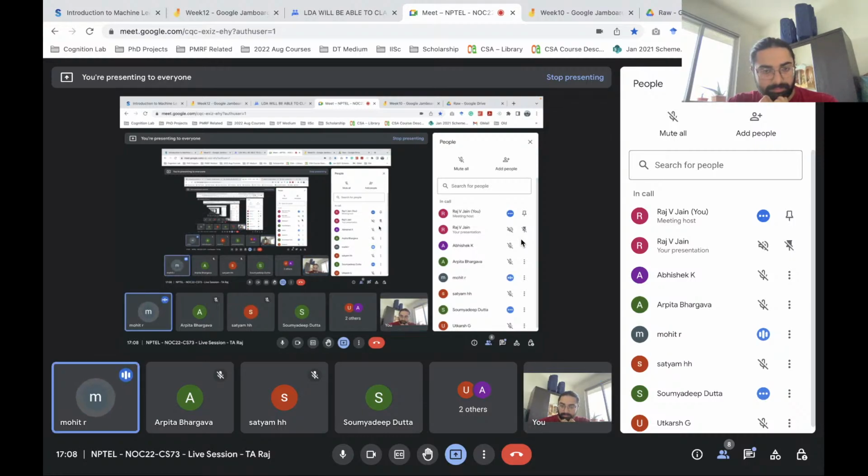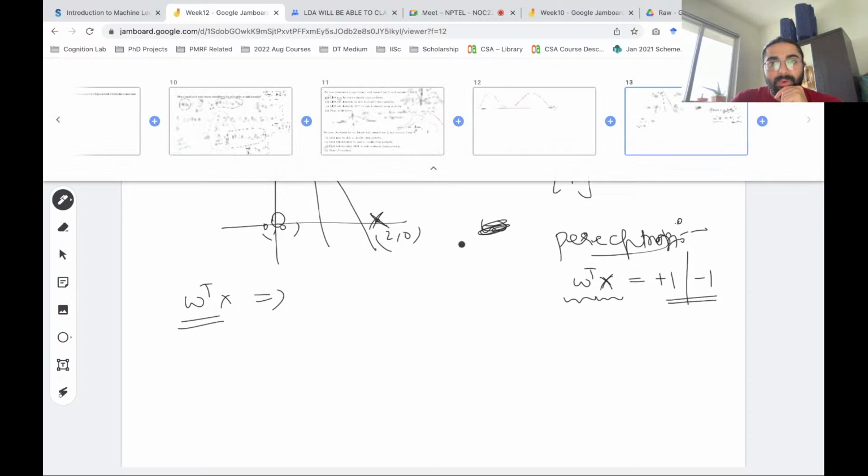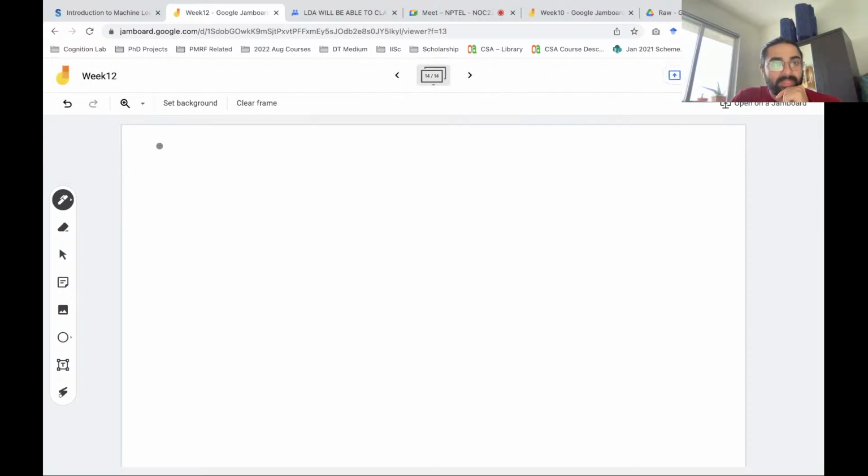Sir, please explain question 3, basically how to solve this on pen and paper in a small version. Question 3, week 10. Okay. What is the K-means algorithm? Can you help me understand what K-means algorithm is? Sir, basically it's a clustering algorithm.